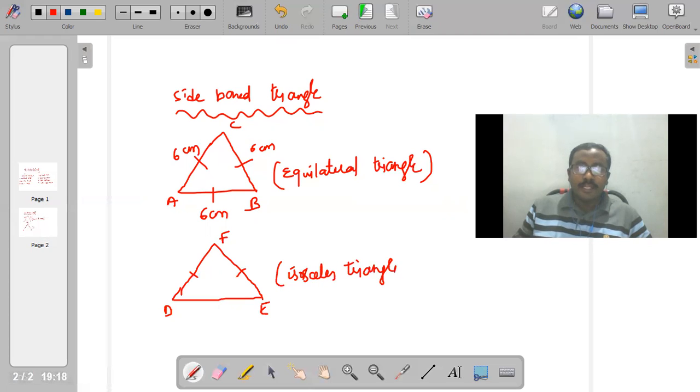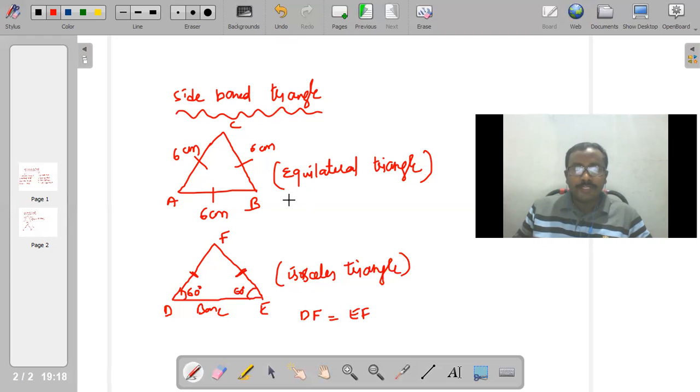Also, when two sides are equal, the third side is considered the base. For example, if the angle is 60 degrees here and the same 60 degrees there, the base angles must be equal in an isosceles triangle. Here DF is equal to EF.